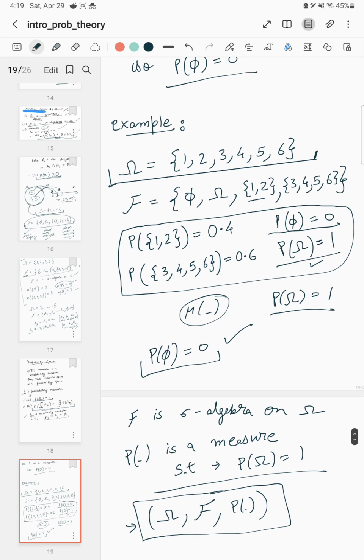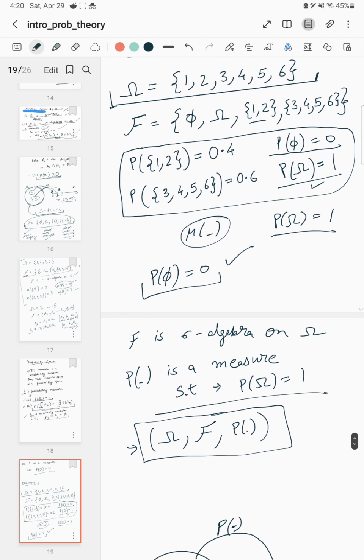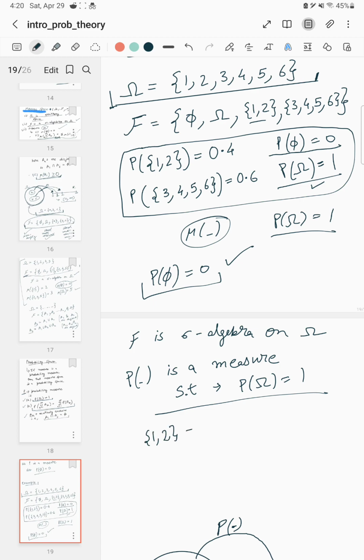So in this example, what it means is I have two events. An individual set present in the sigma algebra F for a probability space can be termed an event. So the probability that the dice will show either 1 or 2 is 0.4, and the probability that the dice will show any of the four values 3, 4, 5, 6 is 0.6.